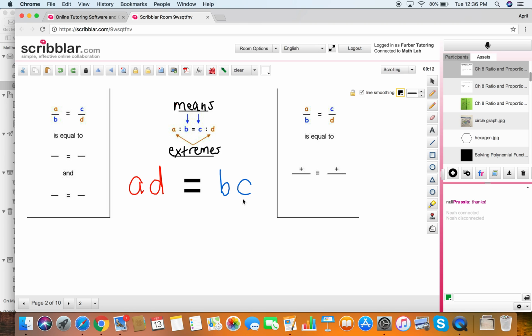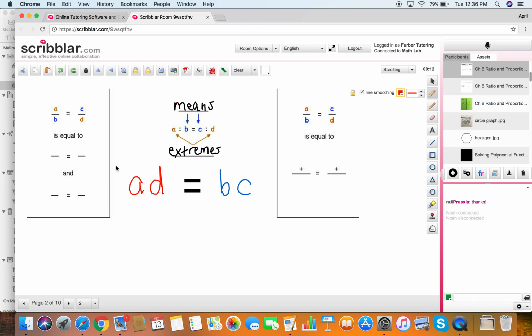And so a couple of things about a ratio or about a proportion that you need to know. And that is that to a certain degree, it does not matter where the values are placed as long as the means are always across from each other and the extremes are always across from each other.